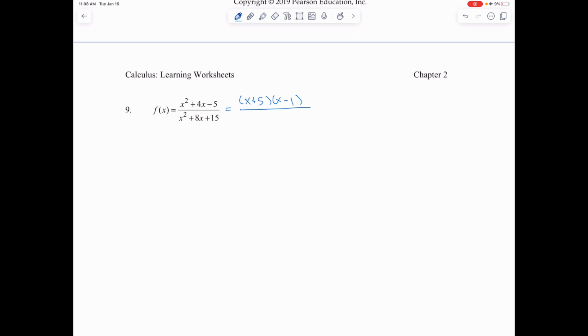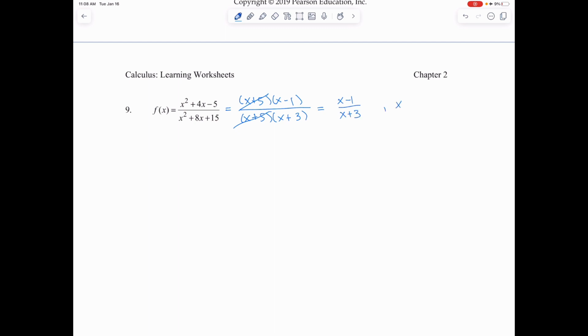The bottom, x plus 5, x plus 3. And the x plus 5s will cancel, which leaves us with x minus 1 over x plus 3.